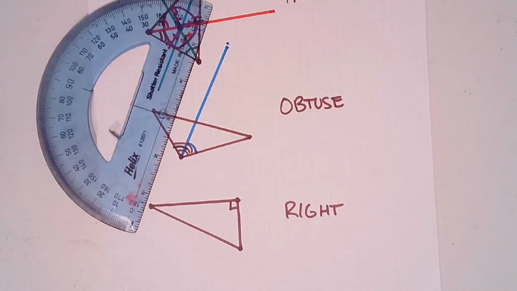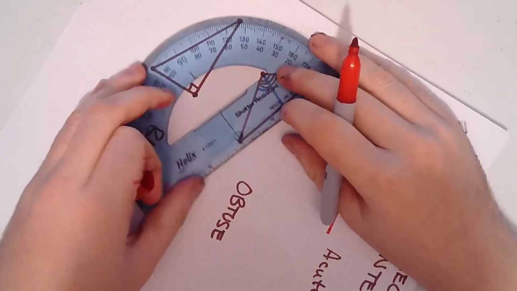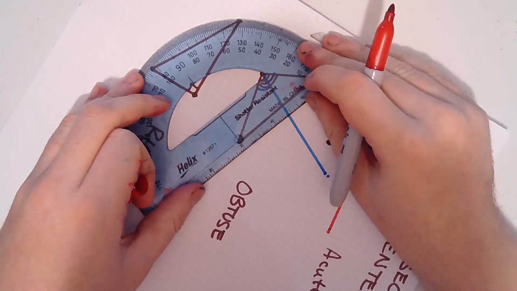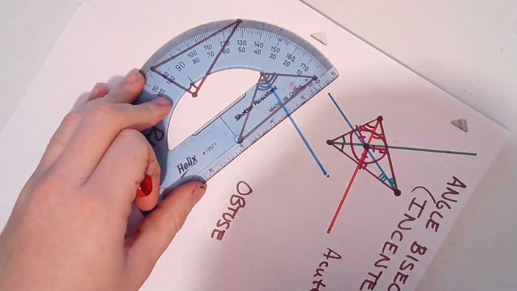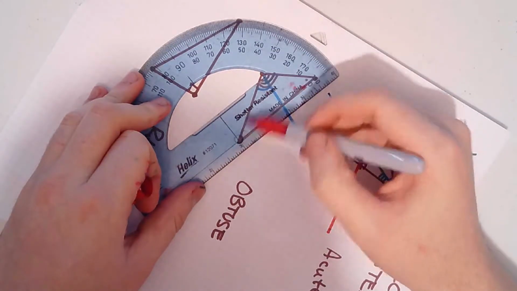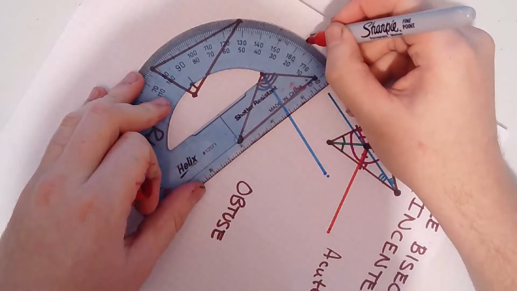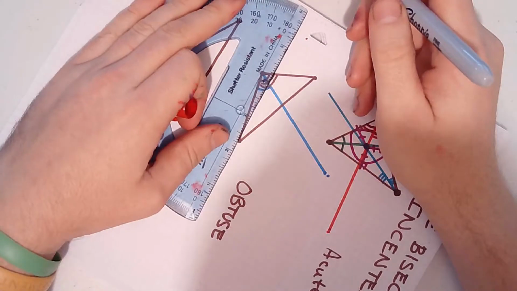I'll do that for this angle down here. So it looks like the angle there is about 35. If we cut that in half, we're going to get 17 and a half. So somewhere around there.